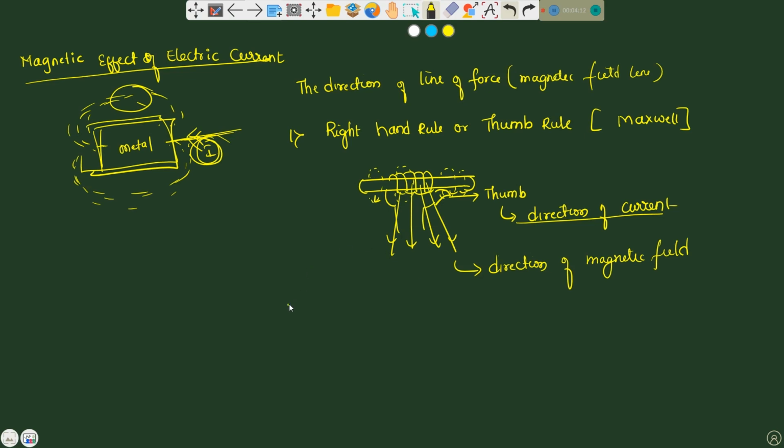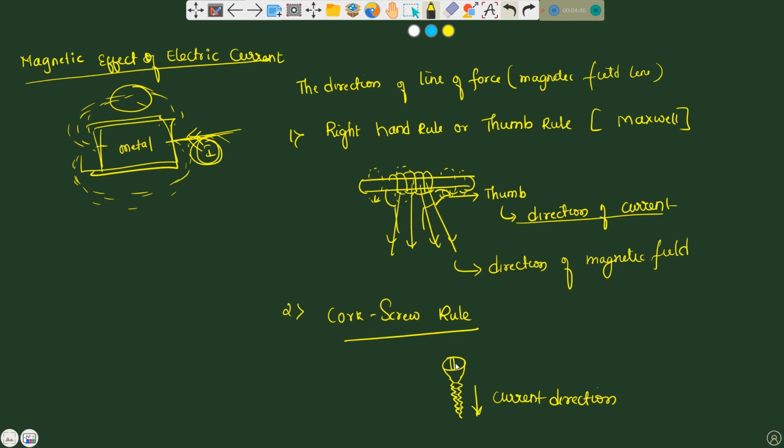Then we have the corkscrew rule. Suppose you take a screw. The direction where the screw is pointing is the current direction.